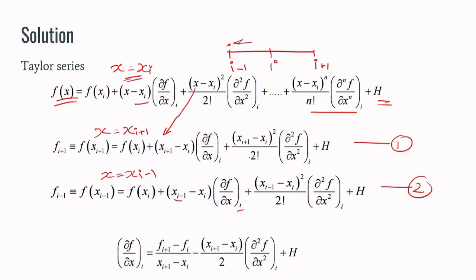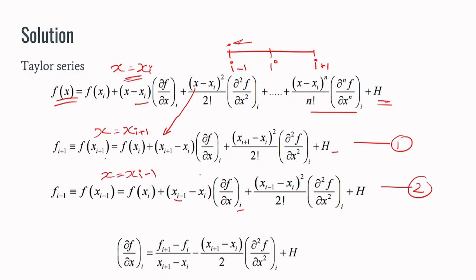Suppose I am rearranging the terms in equation 1. So here f of x i plus 1 is equal to f of xi plus (x i plus 1 minus x i) into ∂f/∂x.